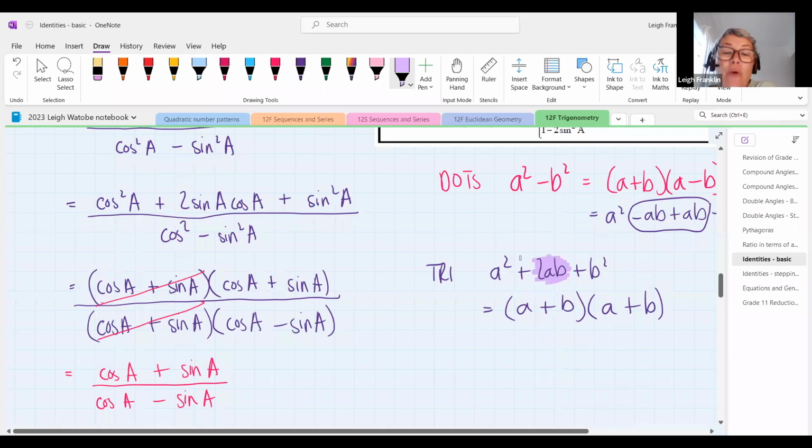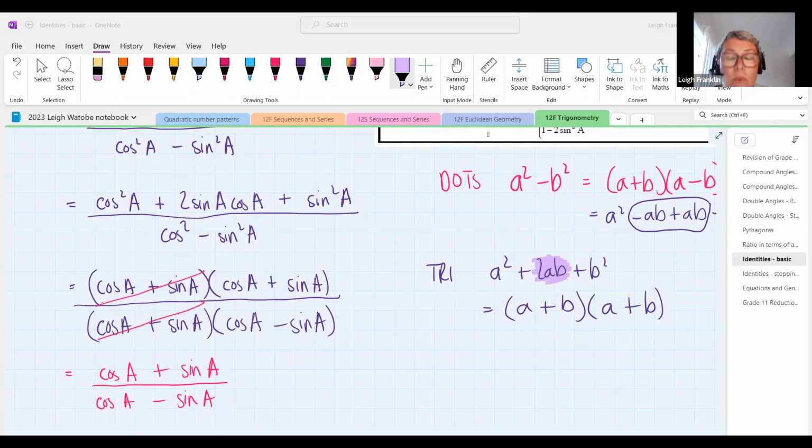It didn't actually go anywhere, did it? What I'm doing is rewriting my expression in a different way. So when you factorize, you're starting with terms and you're ending with factors. It is the putting in of the brackets. So that 2ab didn't go anywhere. I factorized my expression.